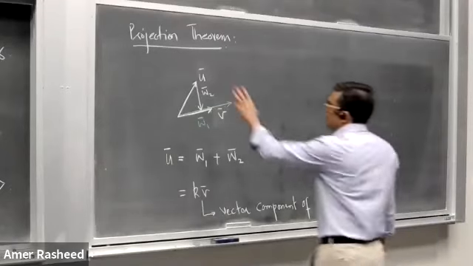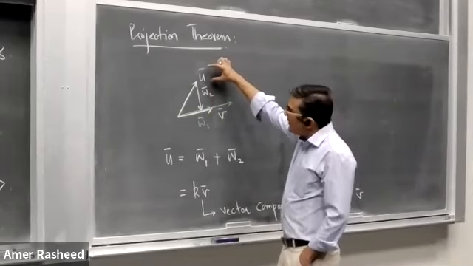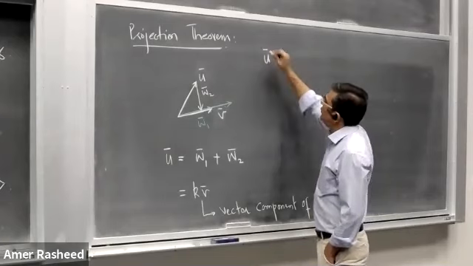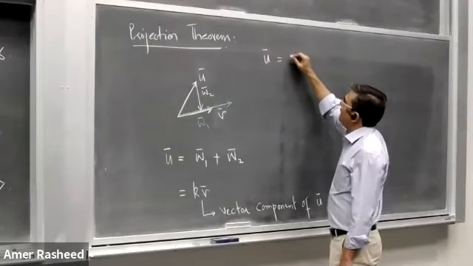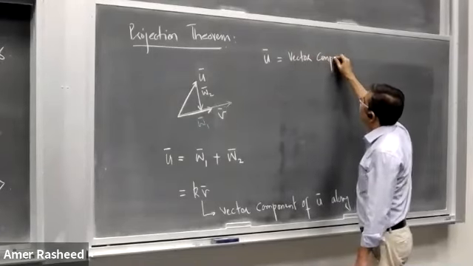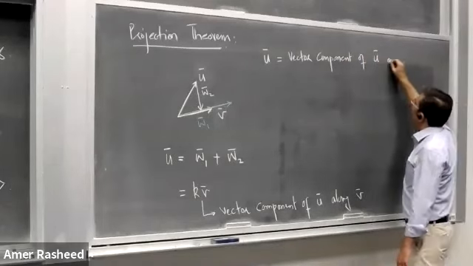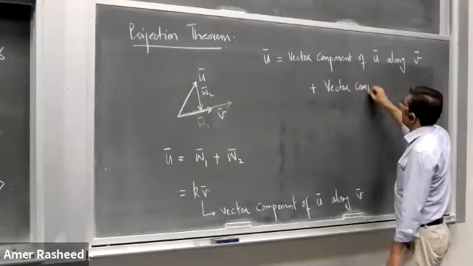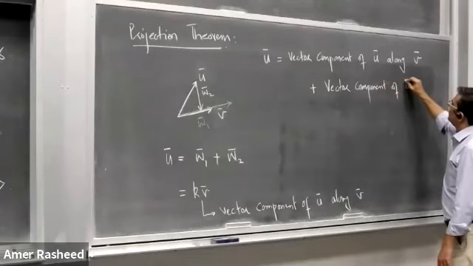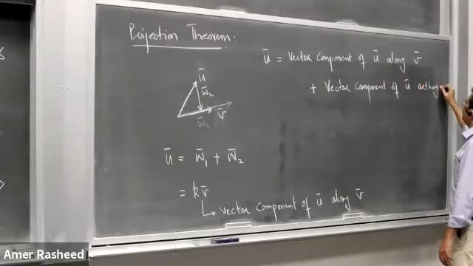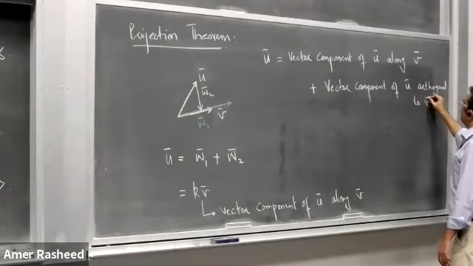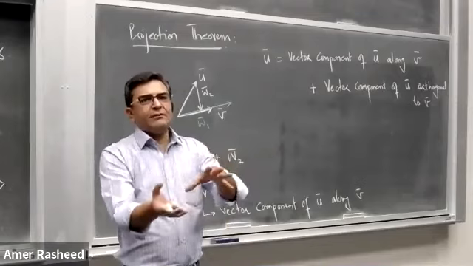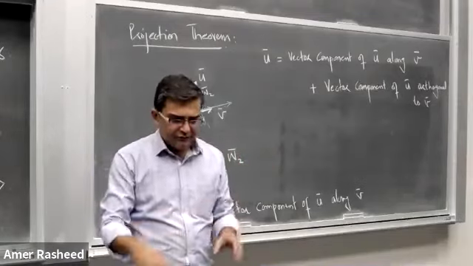If we have two vectors, U and V, then we can find the components of U along V and orthogonal to V. So in short, U can be uniquely expressed as the vector component of U along V plus the vector component of U orthogonal, or perpendicular, to V. If we have a vector U and another vector V, we can write it both ways.